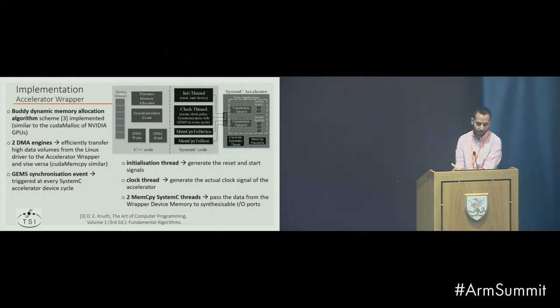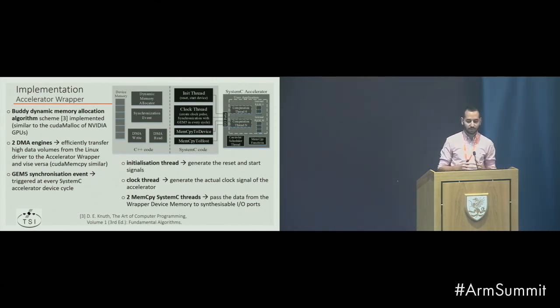In more detail about implementation, the accelerator wrapper consists of 8 mixed C++ and SystemC code functions and threads. Specifically, a buddy dynamic memory allocation algorithm scheme is implemented, similar to CUDA malloc of NVIDIA GPUs.